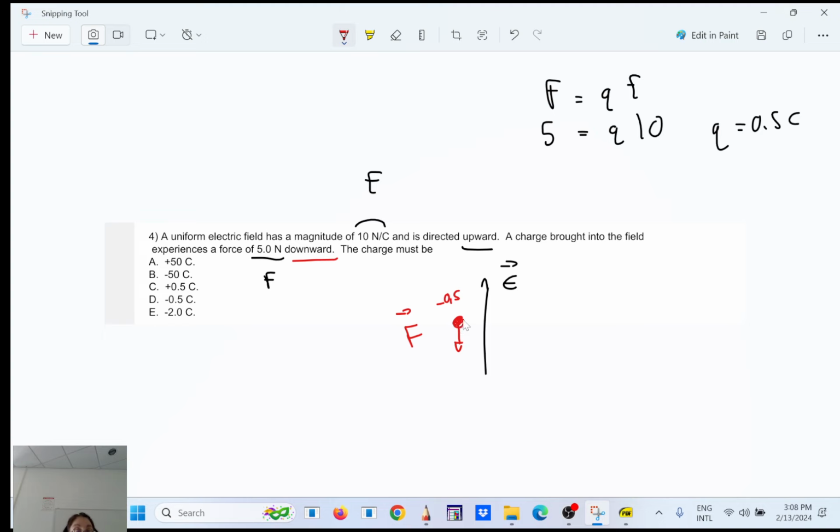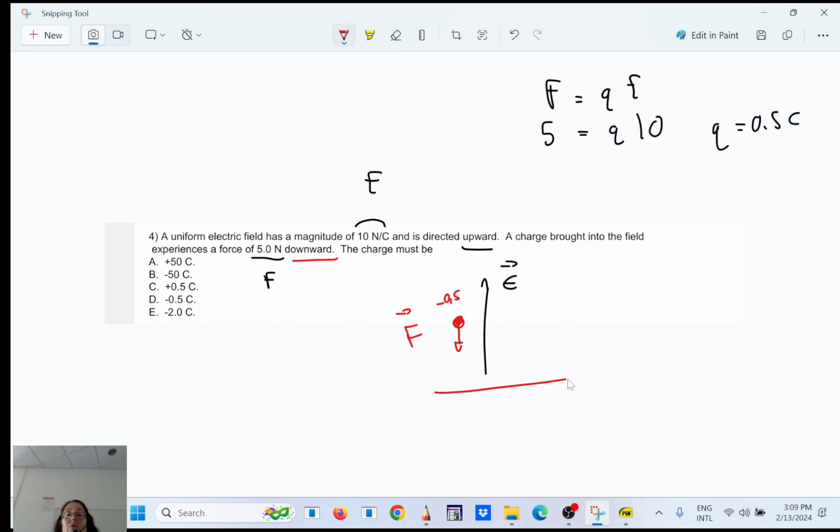So negative charges go against the electric field because they have a negative mind, and positive charges go with the electric field because they have a positive mind. They are happy and they say, whatever you say, I follow you. They are followers. Negative charges have a negative mind and they go against the electric field. Is that clear in your head? Typical conceptual question: a negative charge goes against the electric field.